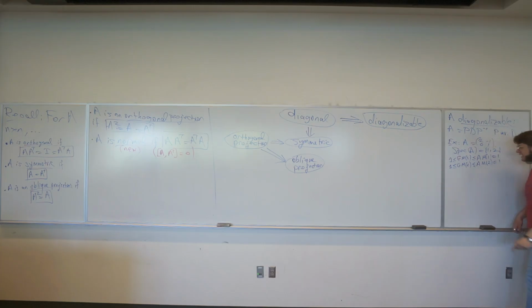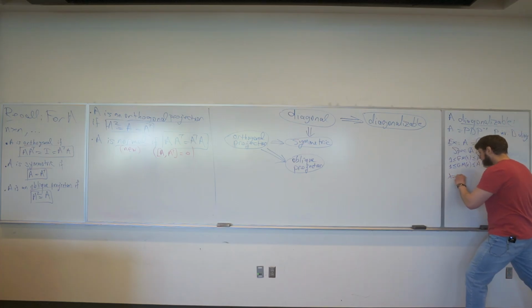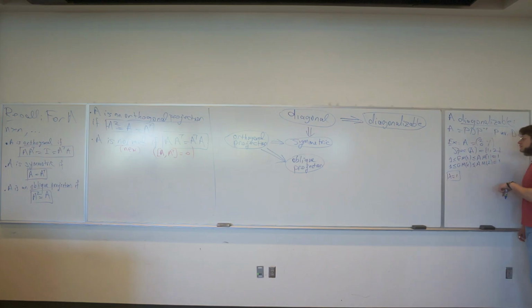In fact, let's go ahead and compute this. I know that GM of 1 is 1. So I need one non-zero vector that is going to be an eigenvector for 1, and one non-zero vector eigenvector of 2. So lambda equals 1. If I want to find an eigenvector for this, I need to subtract A from the identity matrix.